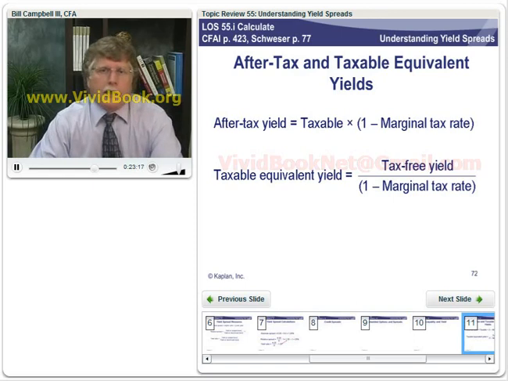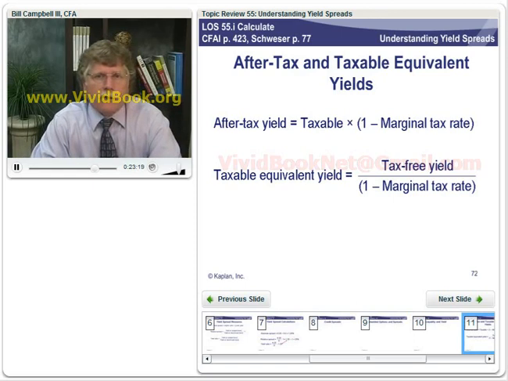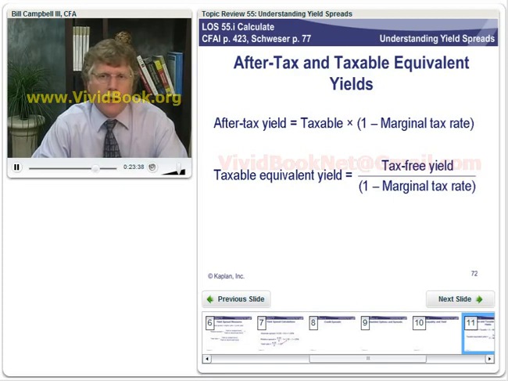All right, taxable equivalent yields, after-tax yields. If you have a taxable yield on one bond versus a non-taxable yield on another bond, the question is, how do those yields compare? How do you determine which one is better?